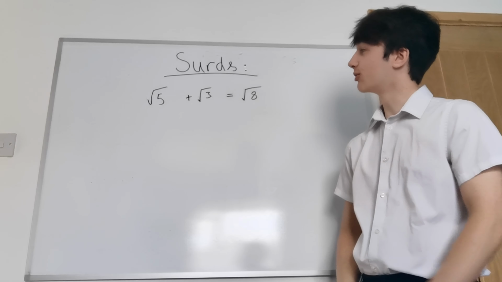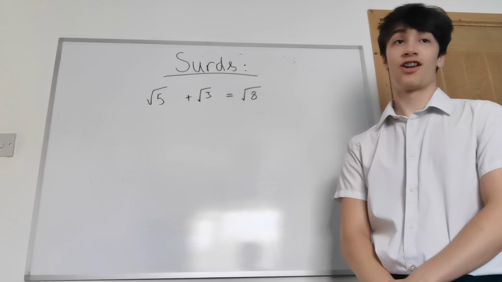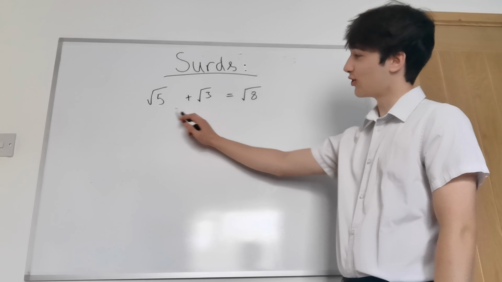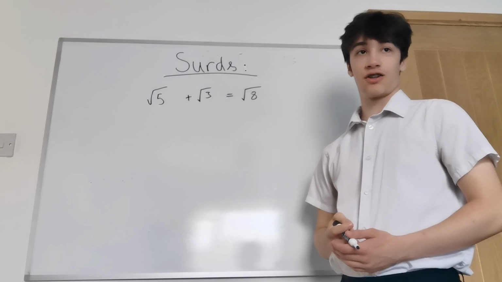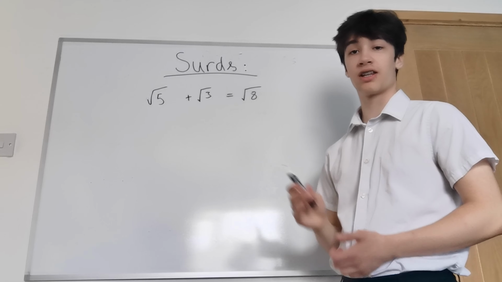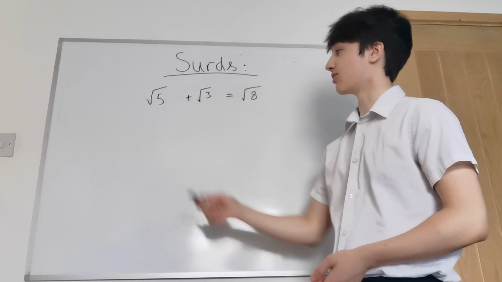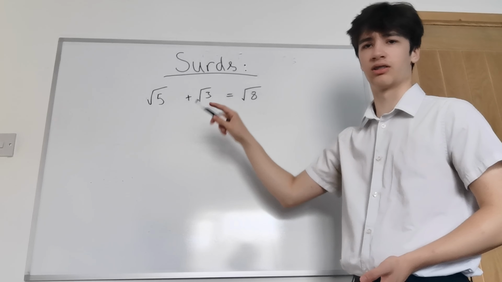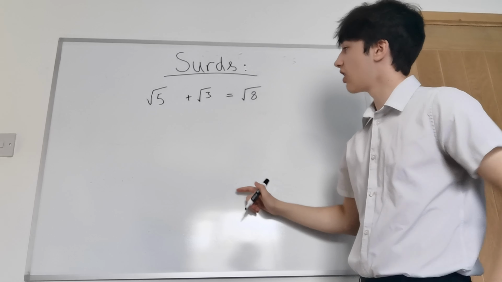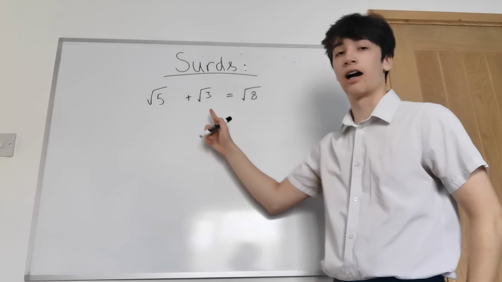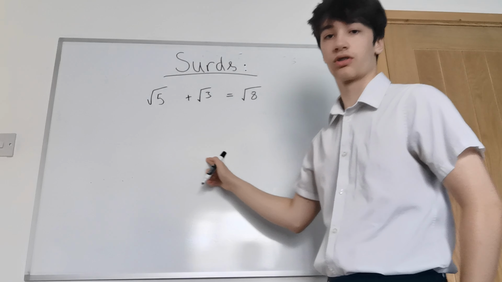Okay, so now I'm going to go through some of the rules of SURDS. If you look at this equation, you have root 5 plus root 3 equals root 8. Now, if you've never dealt with SURDS before, you may think that's alright, because it's just 5 plus 3 equals 8, but you add the special sign. But with SURDS, you can't do this. I like to think of it like algebra, like collecting like terms.